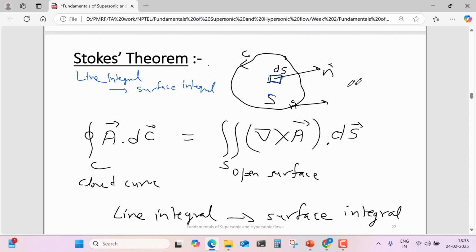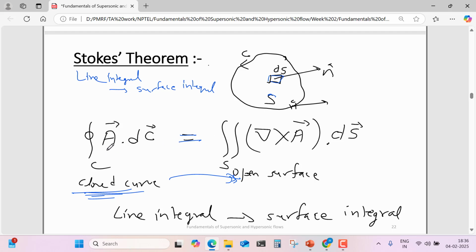And if the line integral of any vector quantity is given by integration A dot dc. One thing to pay attention to is that this integral should be on the closed curve, and this closed curve should make this surface. Then this line integral will be equal to double integration del cross A dot ds.